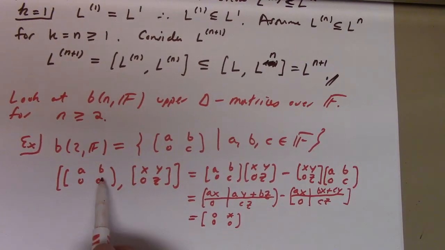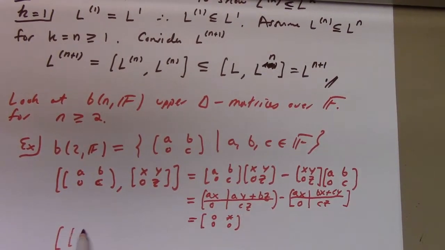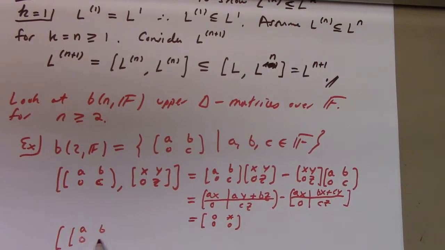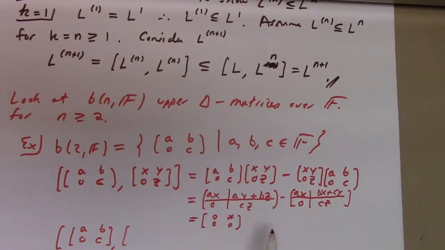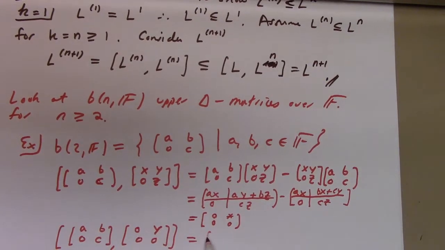When you multiply, it'll give you the star again. A, B, 0, C with 0, Y, 0, 0. So basically same calculation, but just set X and Z to be 0.